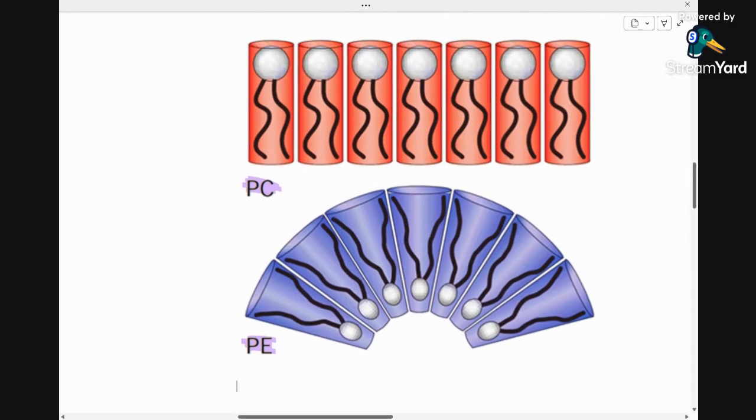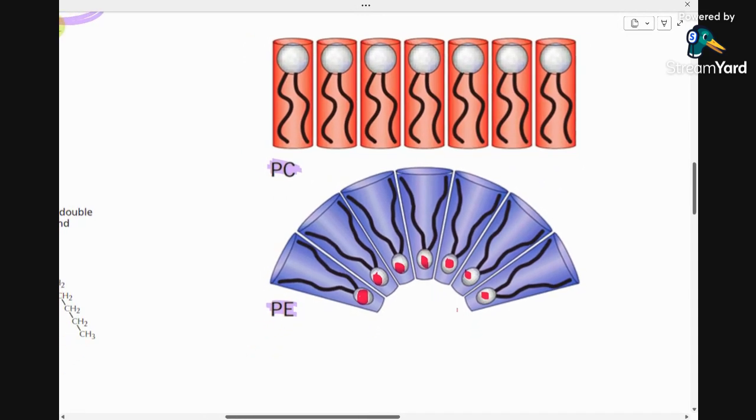What it shows here is that this phosphate head is a lot smaller, and that means they can pack just that little bit closer together on that side, and that allows the membrane to actually curve and bend around. It doesn't just remain as a rigid flat structure. So if you're ever wondering how the bilayer actually bends around to form the cell, which I've just drawn in the previous section, that's how it does it.